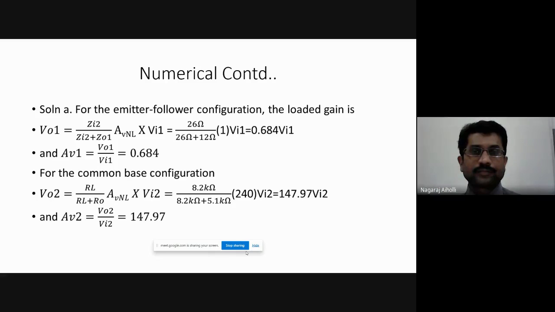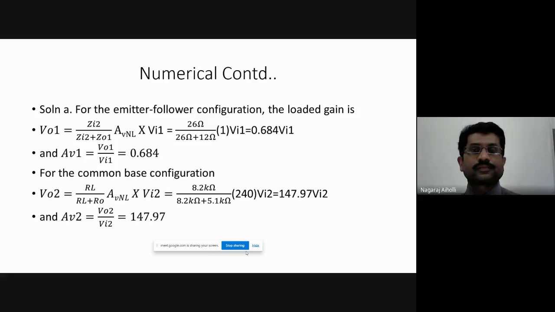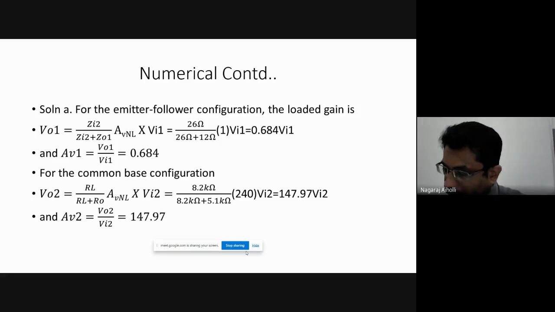Shubham? Yes, sir. No doubts. Good. Suraya Banu? No doubt, sir. Fine. Manjunath Melligeri? Atiya?